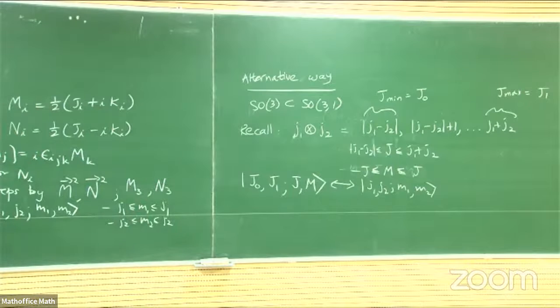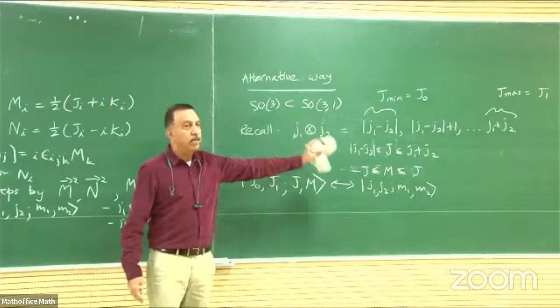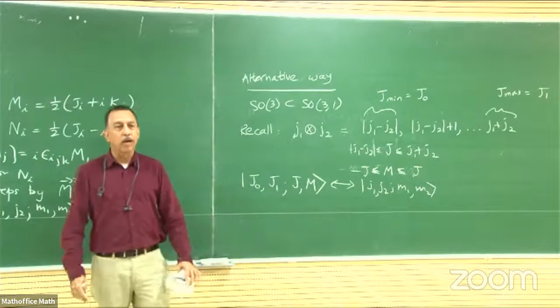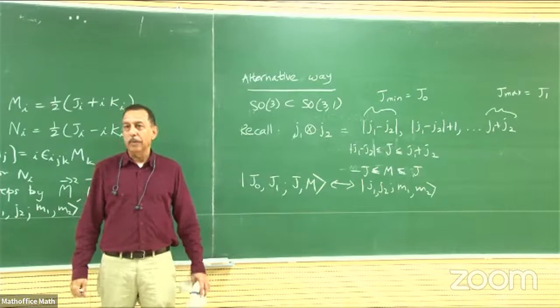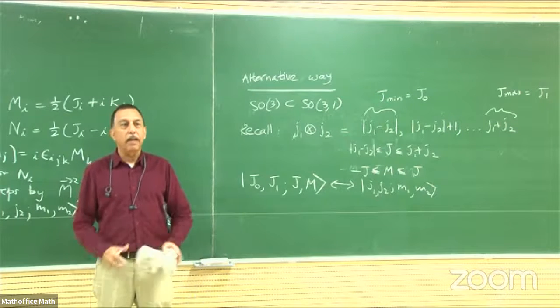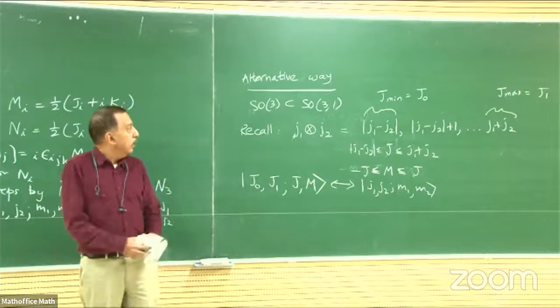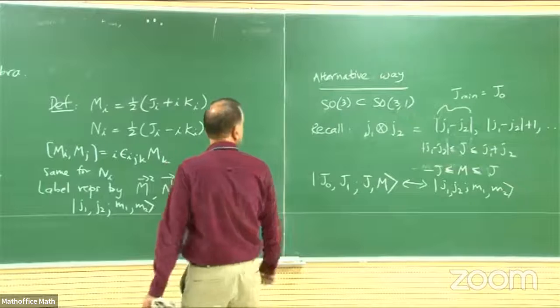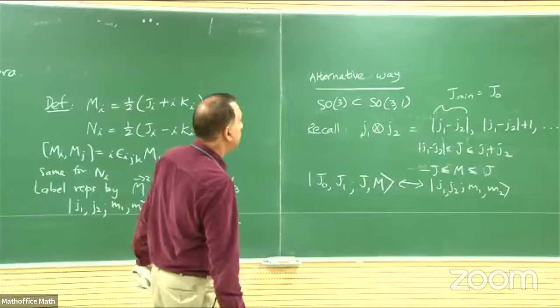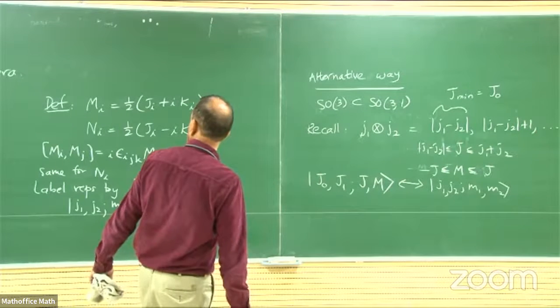Okay, but there's one more step when we study SO3, the rotation group. So far, nowhere have I said that anything is integer or half integer. Okay, and where does that come from? Do people know? What is the step at which you find that J in ordinary SU2, or ordinary SO3, is quantized?